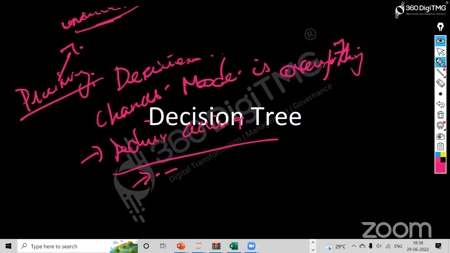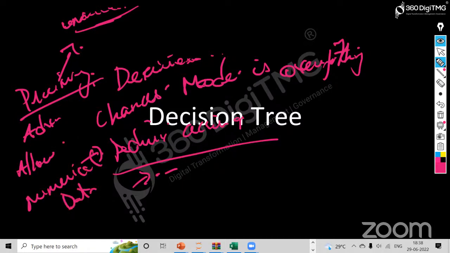And also, if you look at the benefits or ease, it allows your numerical data as well as categorical data. Okay. Right.